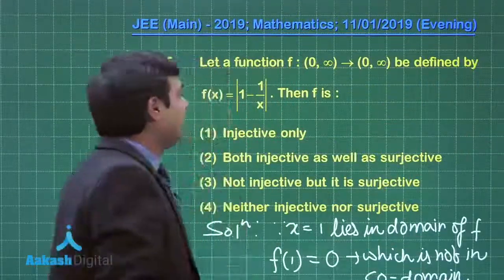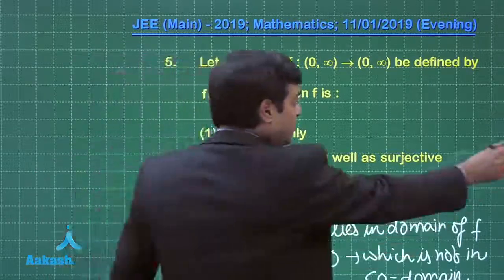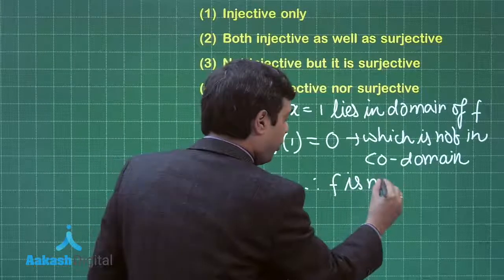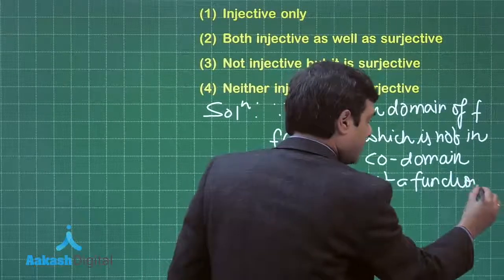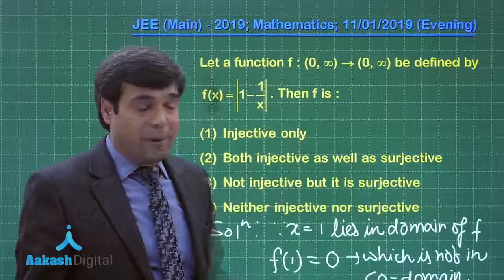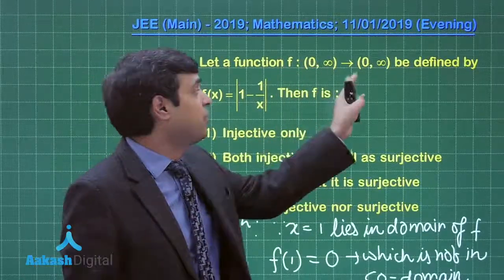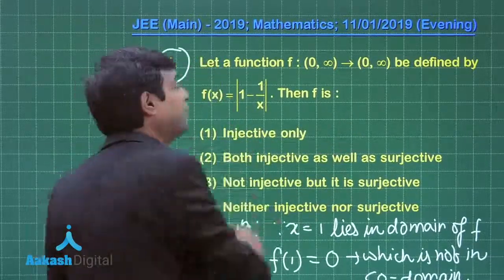So, it clearly means this is not a function from (0, infinity) to (0, infinity). So, just mark here, therefore, f is not a function. Yes, if you include 0, then it will become a function, but such thing is not allowed, as it is clearly given in the paper f from (0, infinity) to (0, infinity) open ended. That means this question is not correct.